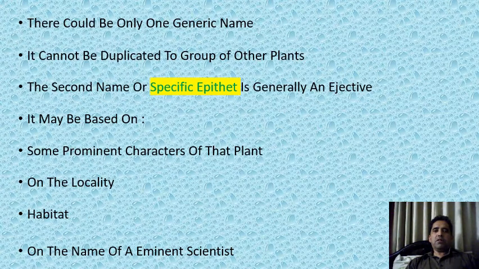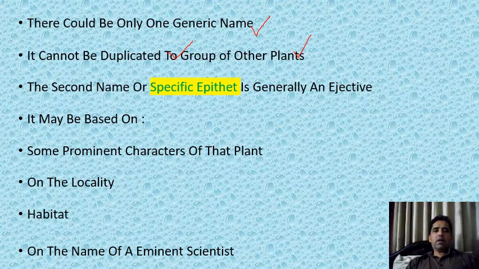The next property of a generic name is that there can be only one generic name. For example, Ficus is a genus. It cannot be duplicated for any other group, family, or plant.